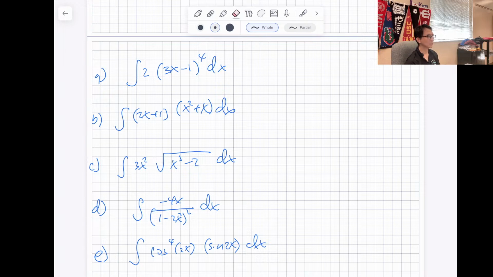I'm trying to figure out if that's an exponent or a multiply. You have to do your substitution. Okay, it's 2x plus 1 times x squared plus x. So that's a multiply. No, it's multiplying.